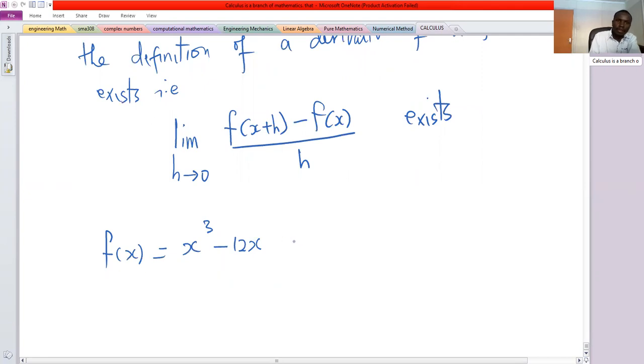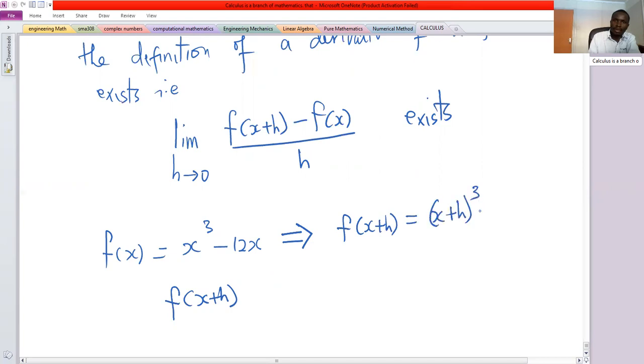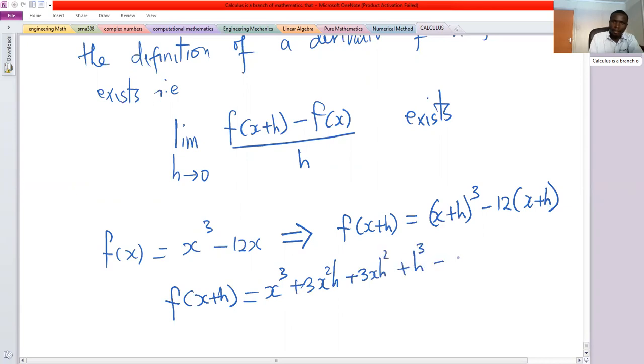So this implies that f of x plus h is given by x plus h cubed minus 12 into x plus h, which simplifies to x power 3 plus 3x squared h plus 3x h squared plus h power 3 minus 12x minus 12h.